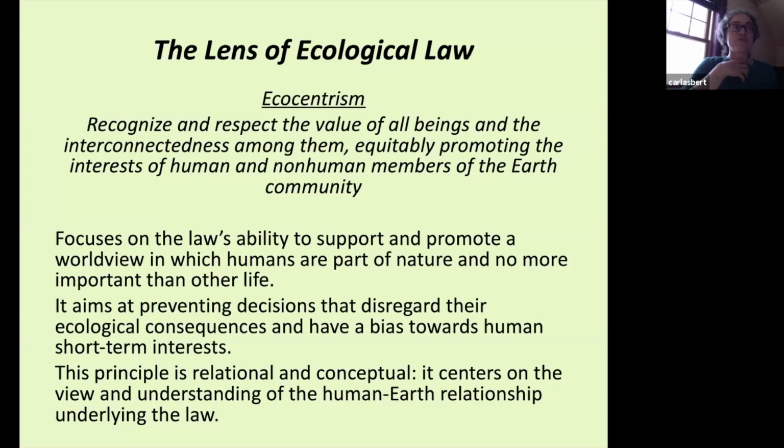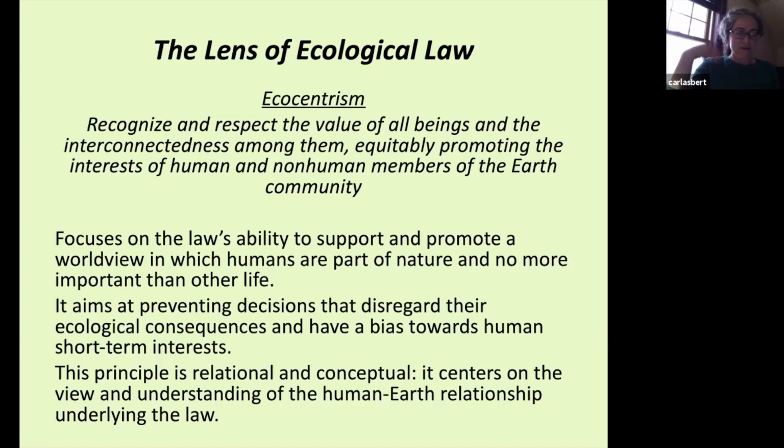What it aims to do is prevent decisions that are not focused on ecological consequences, and that have a bias towards short-term interests of humans, instead of the broader, longer-term interests of the Earth community.